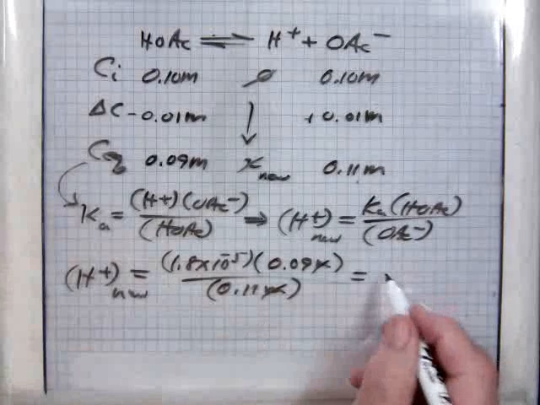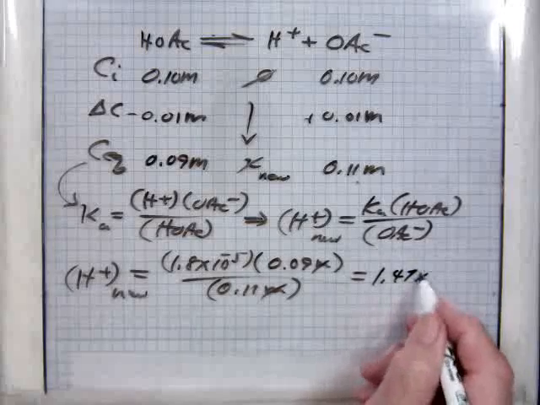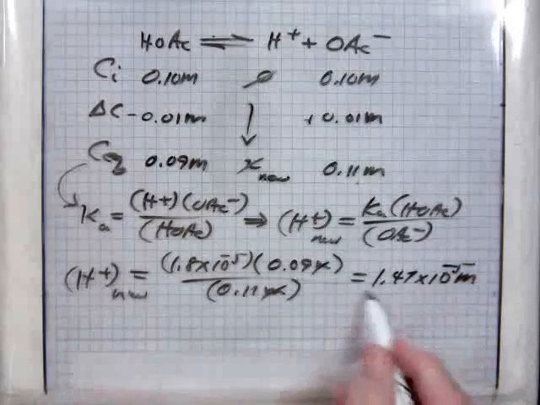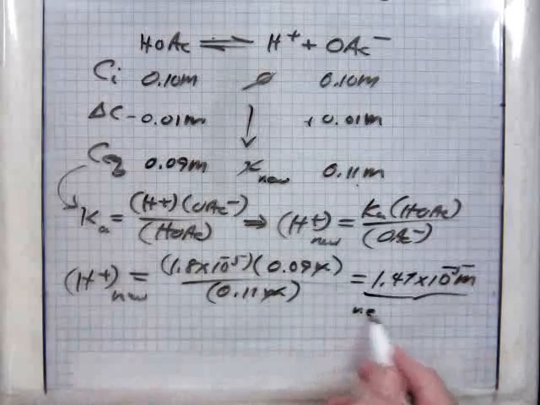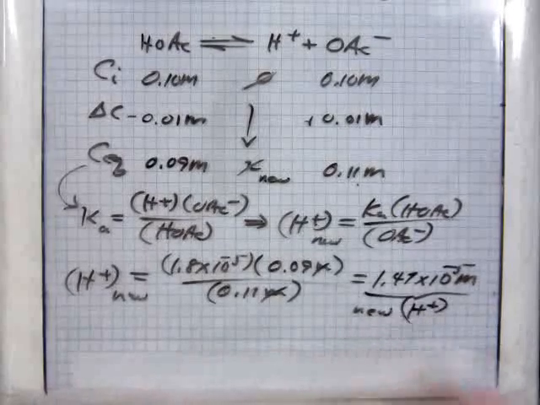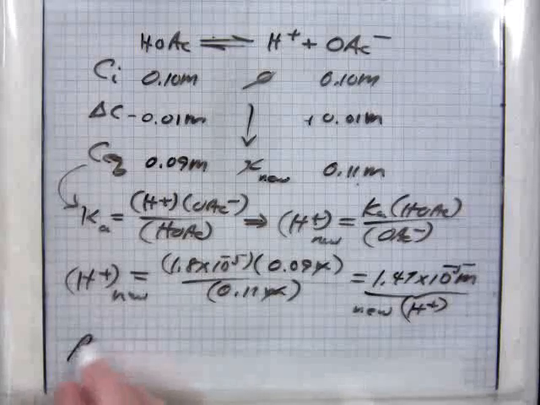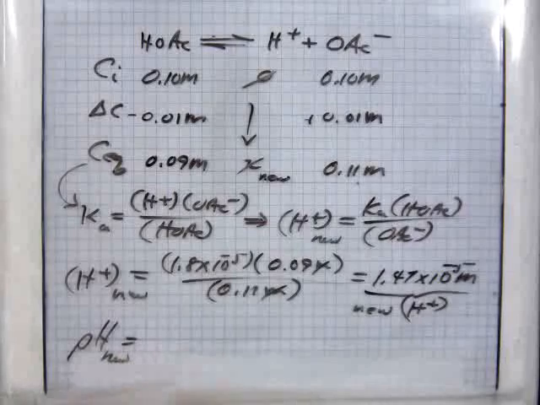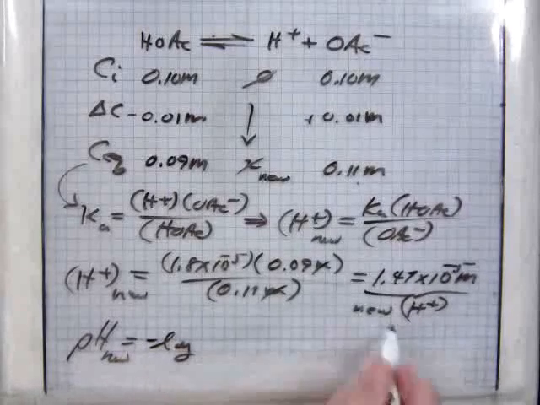I get 1.47 times 10 to the minus 5 molar. This is your new hydronium ion concentration. So the new pH after adding the 0.01 hydroxide is now relative to that hydrogen.